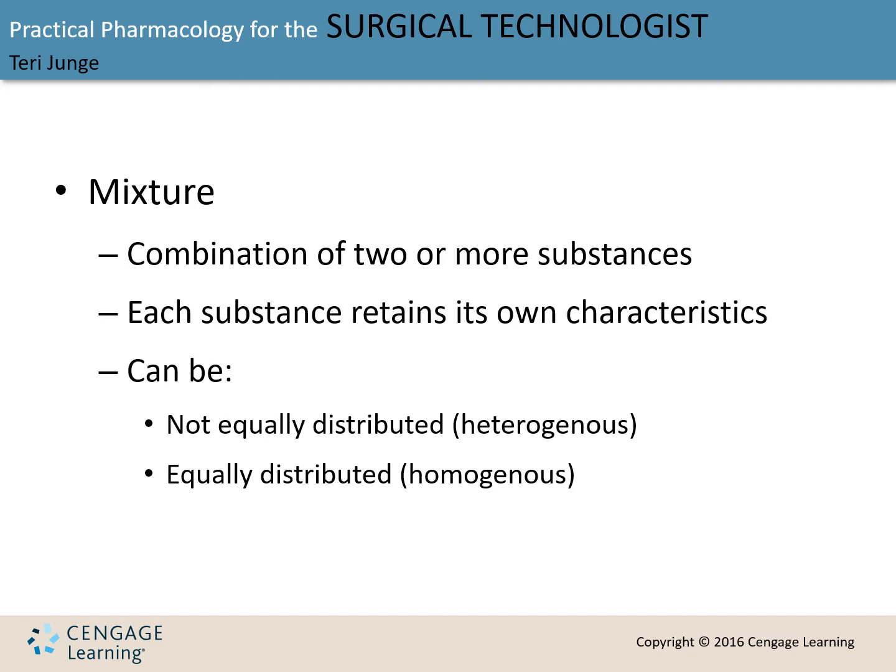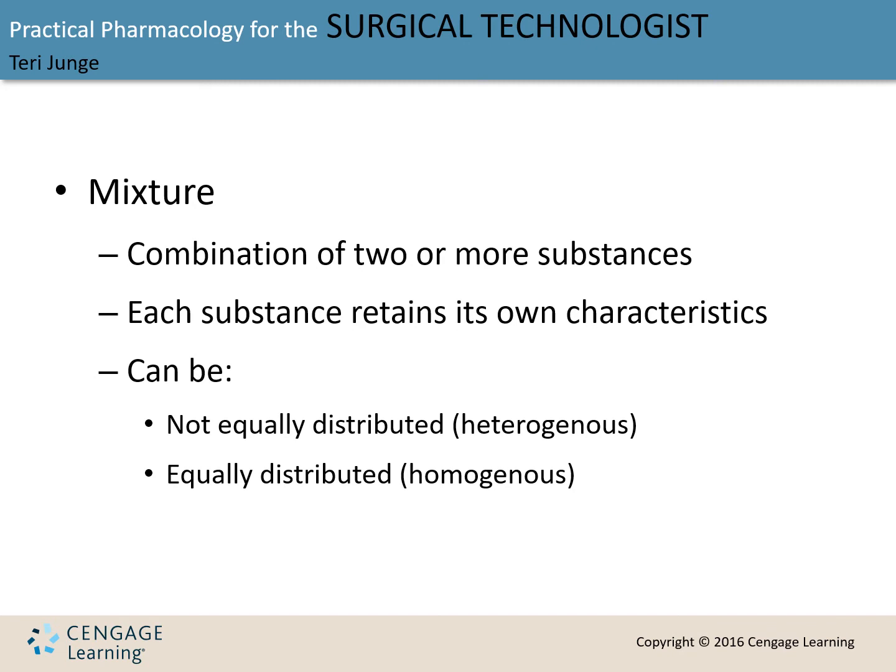So there are many different types of drug forms that we're going to talk about that fall into the category of gas, liquid, and solid. Many of these drugs are a combination of 2 or more substances, and we refer to that as a mixture. Now, in a mixture, each substance still retains its own characteristics, and a mixture can be one of 2 types.